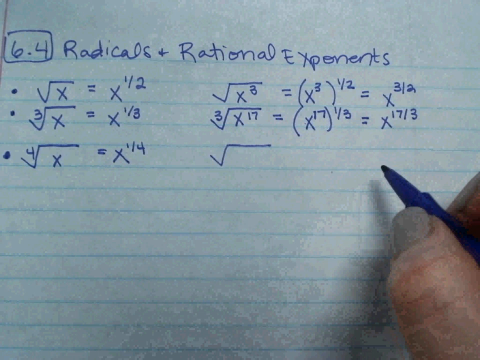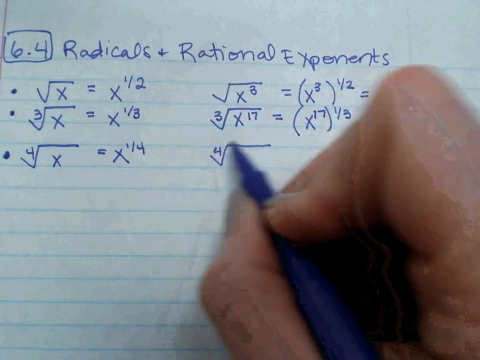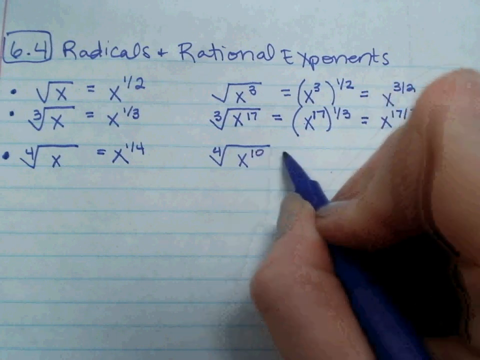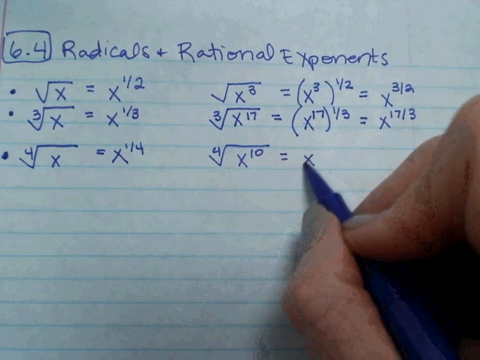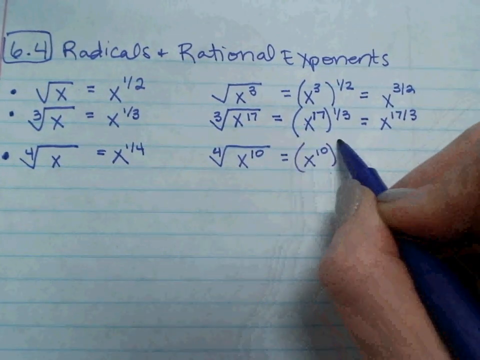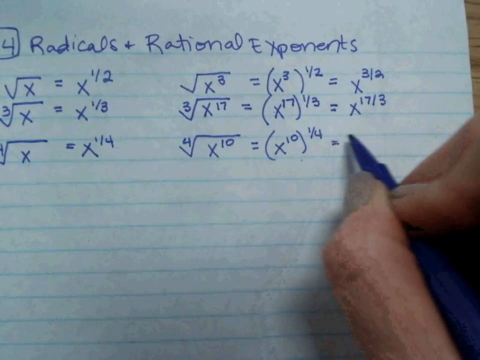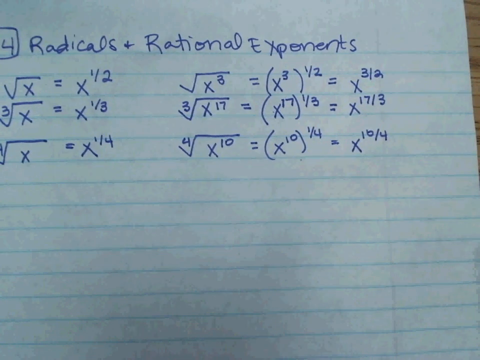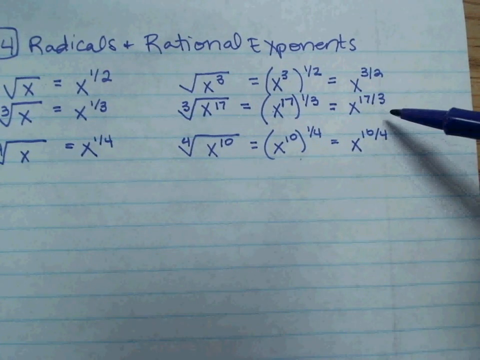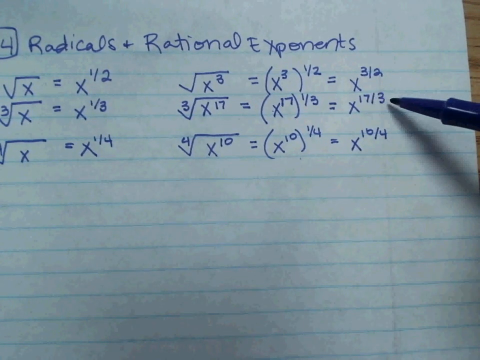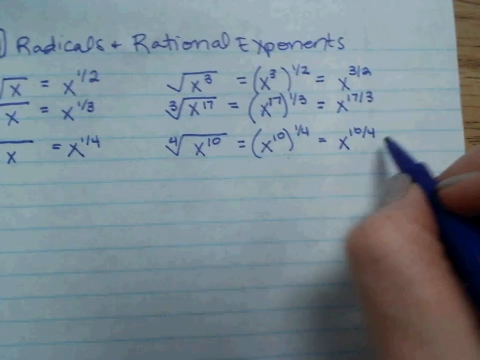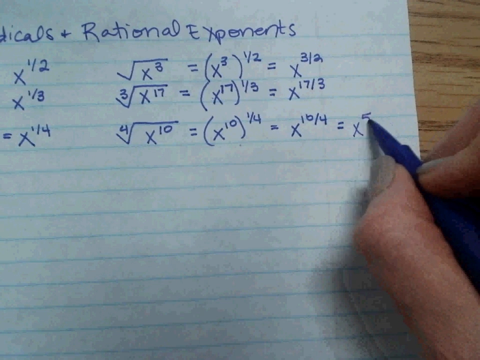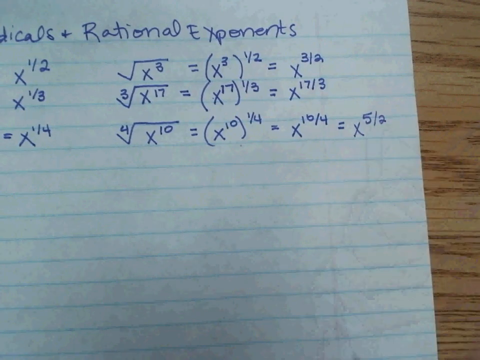If we had the fourth root of x to the 10th, we could rewrite that as x to the 10th to the 1/4 power, or x to the 10/4. Now you can imagine you could rewrite these as mixed numbers or simplify. We should definitely simplify, so this should be written as x to the 5/2 is how we could simplify that down.